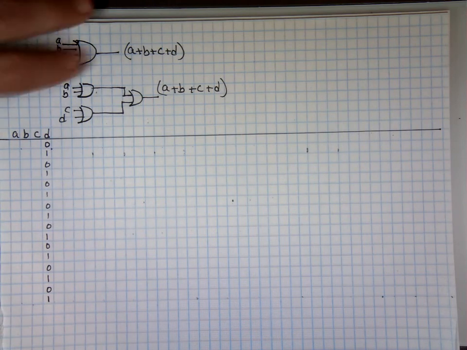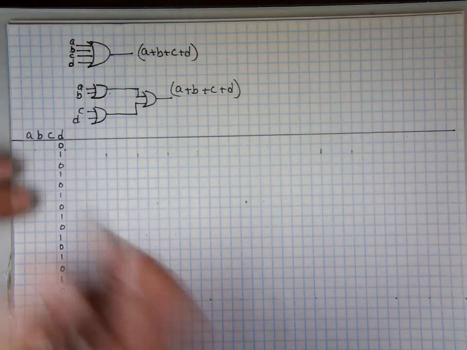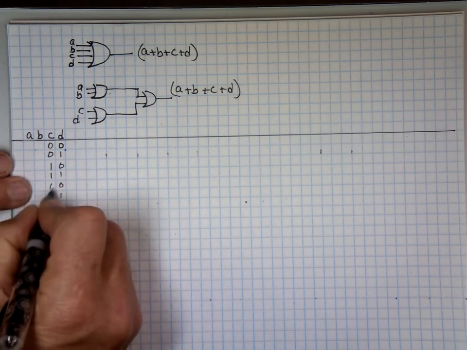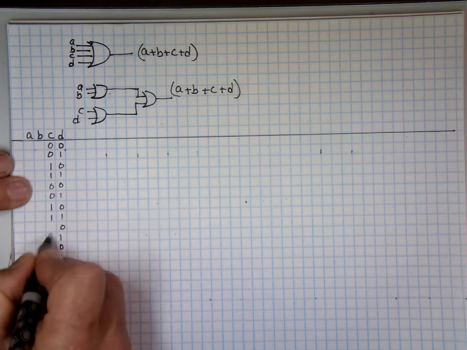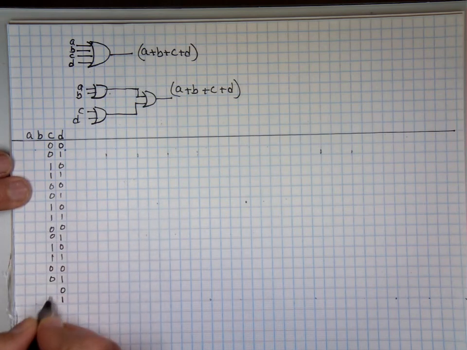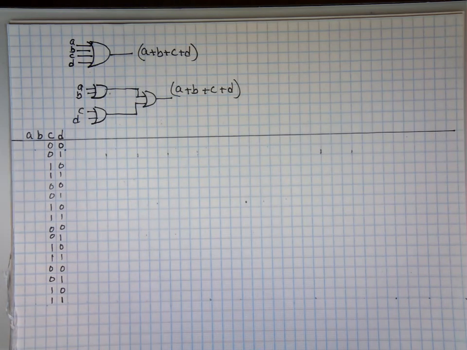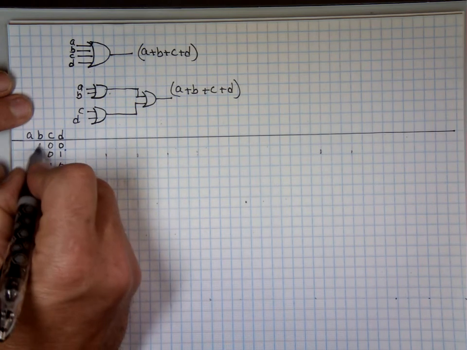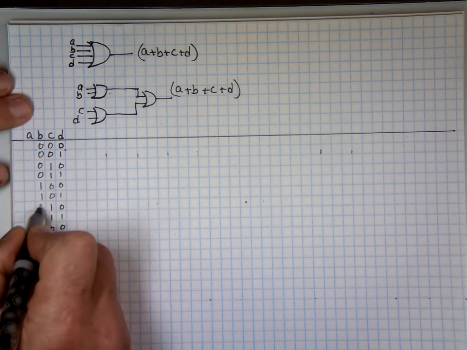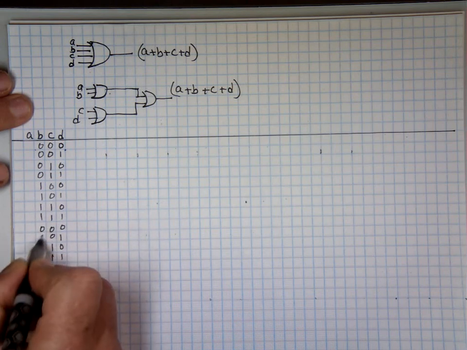The next one, every 2. 2 zeros, 2 ones. 2 zeros, 2 ones. The next group is what? 4? 4 zeros, 4 ones.